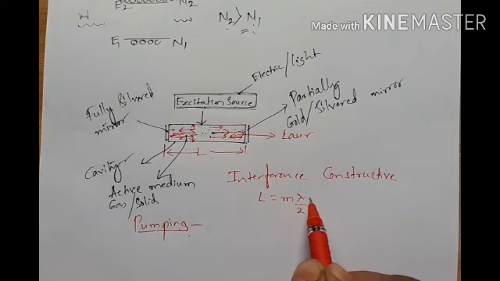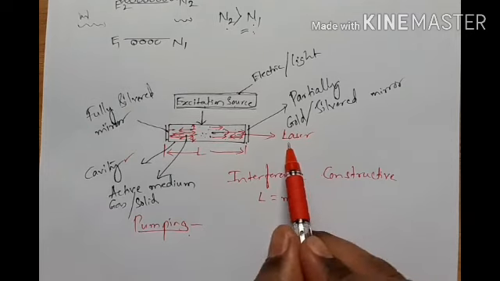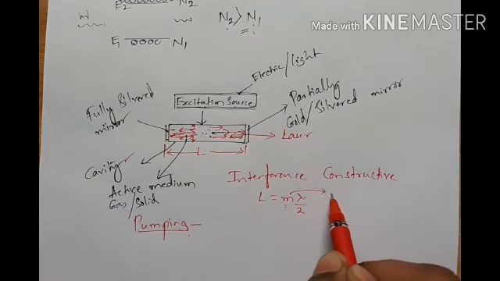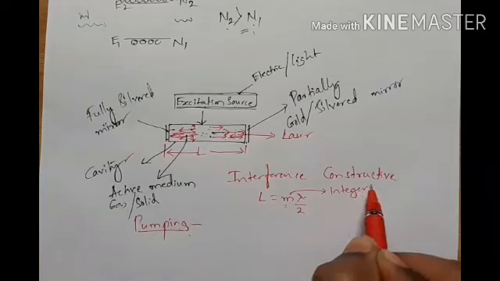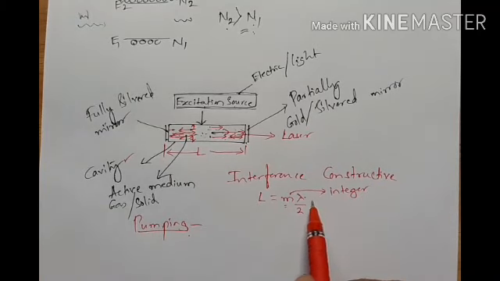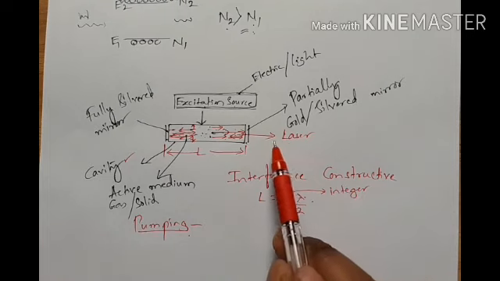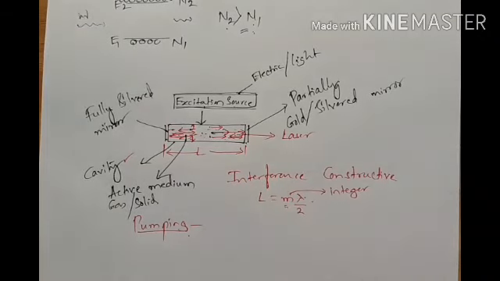Lambda is the wavelength of the light which is coming out, divided by 2, and this m is an integer. So in this condition only, for this length only, will all the interference be constructive. Otherwise we will get destructive interference and we will not get an effective laser outcome with this cavity.